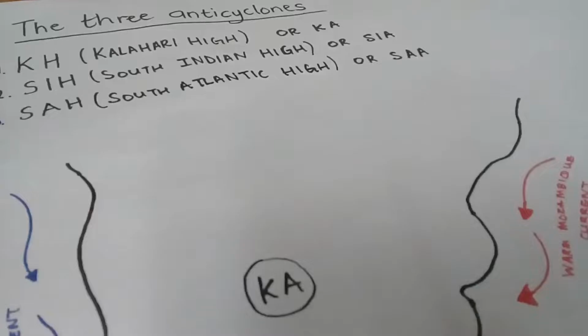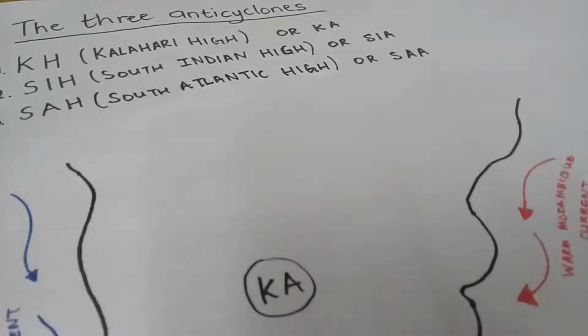Okay, now let's get into more details about these subtropical anticyclones. As I've already said, we are mainly going to discuss them in the southern region, which is South Africa, because 30 degrees south of the equator moves upwards in winter and downwards in summer.